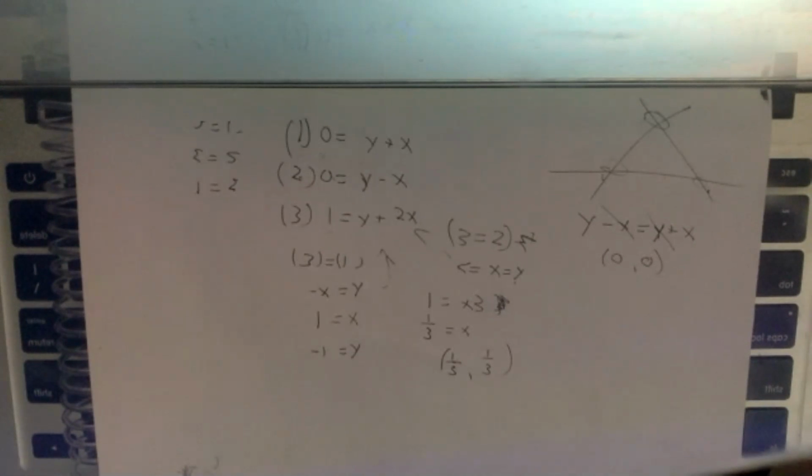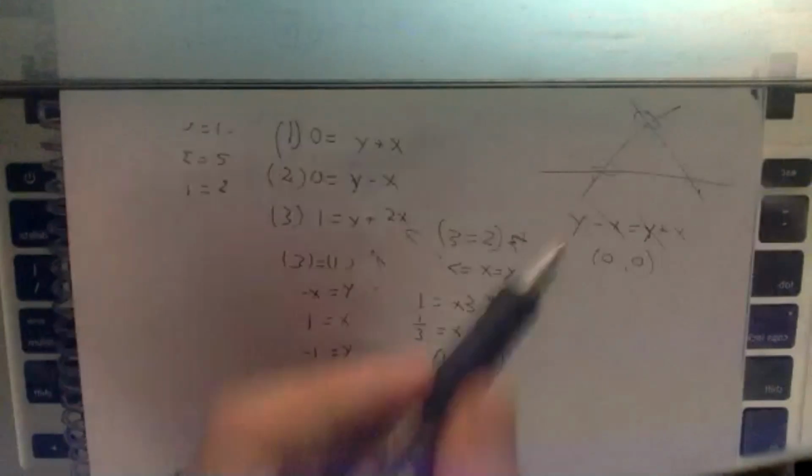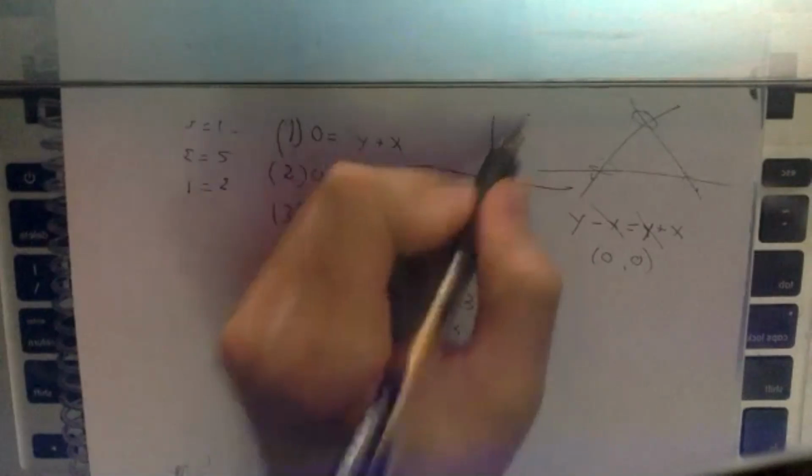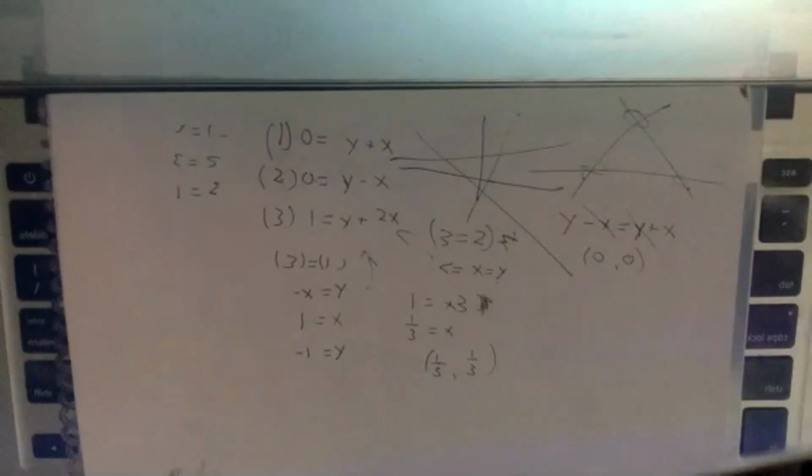Comments? Yeah, man. I don't really get it. Why are you equating everything together? Oh, because what we're trying to do is find a triangle, right? So let's just say we have random lines. Where's the triangle?